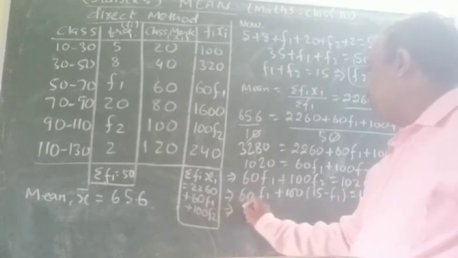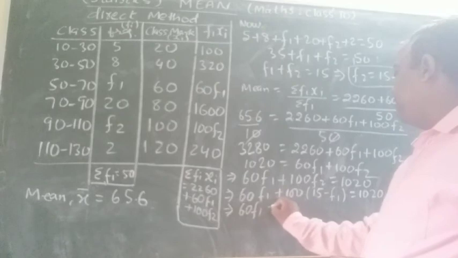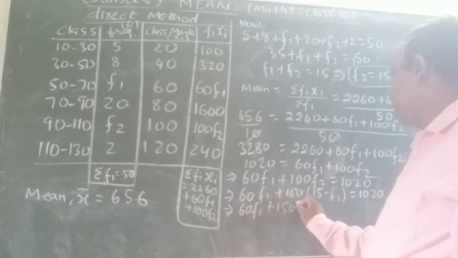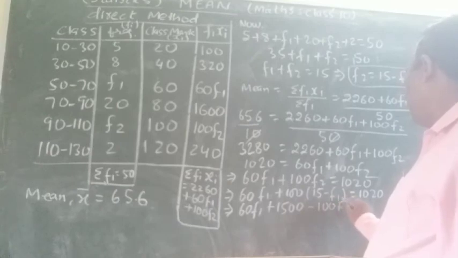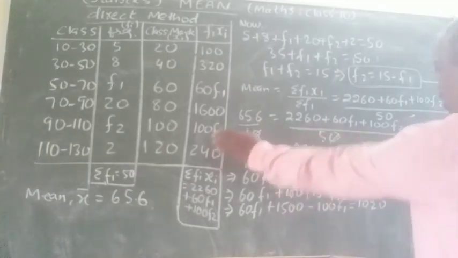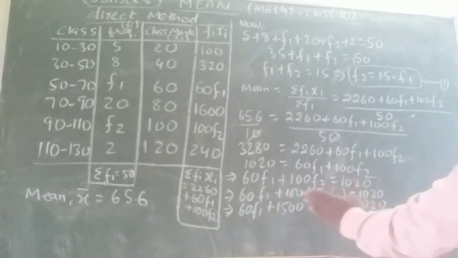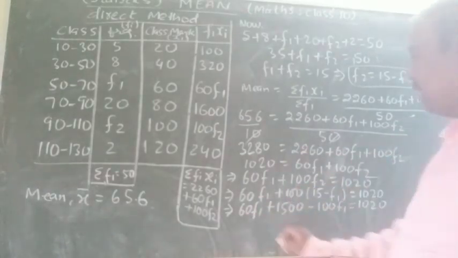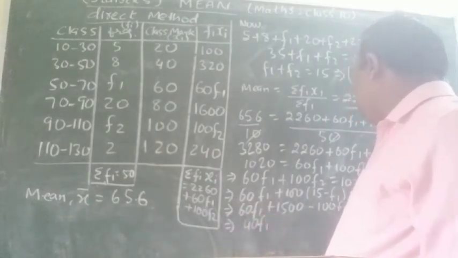60 F1, and 100 into 15 is 1500, minus 100 F1, equals 1020. After that, 60 minus 100 becomes minus 40, so minus 40 F1.